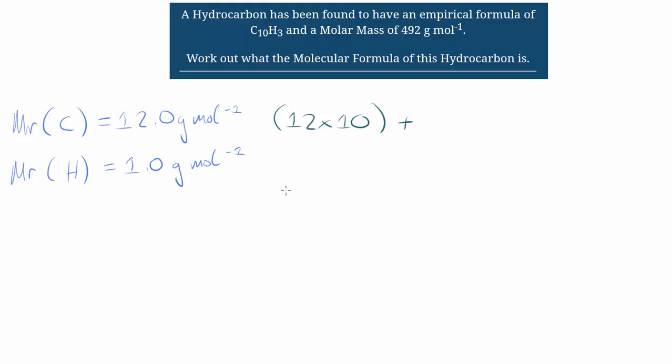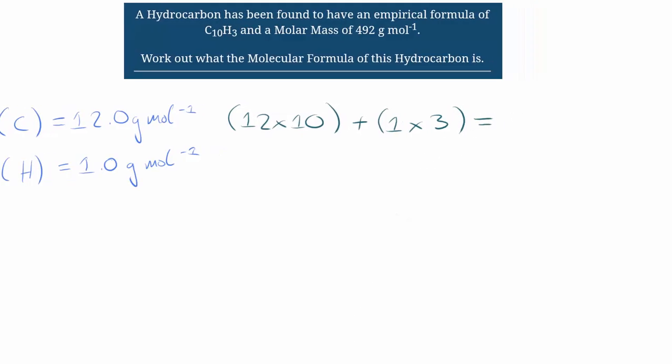Then we add this to the same for hydrogen: a molar mass of 1, multiplied by the number of hydrogens, again denoted by the numerical coefficient, which is 3, so 1 times 3. This would give us the molar mass of the empirical formula.